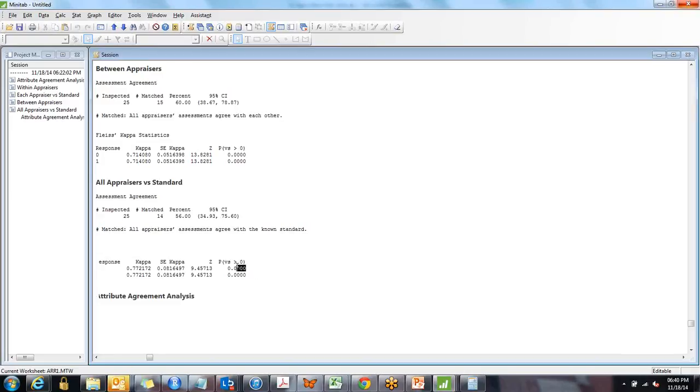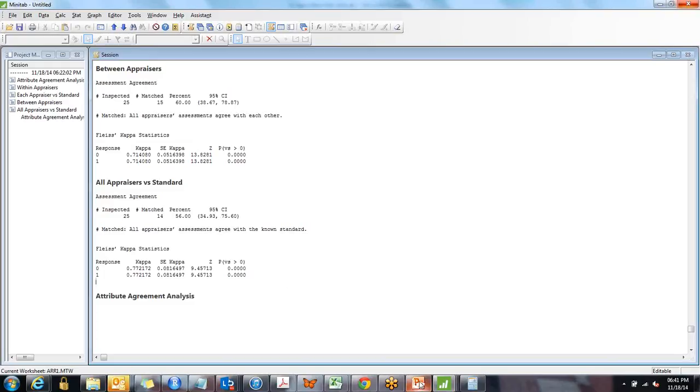And your p-values indicate the kappa values are significantly different from 0. That is what you conclude. Yeah, so we have looked into within appraisers, each appraiser versus standard, between appraisers and all appraisers versus standard.